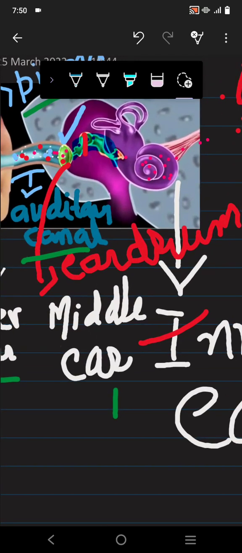These three bones are also known as the smallest bones of your body.